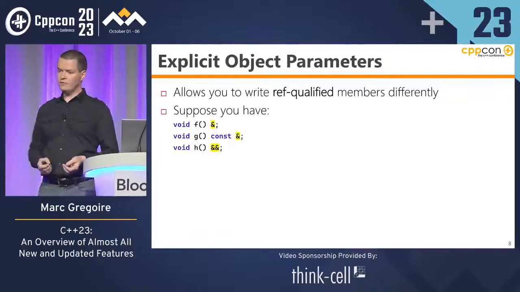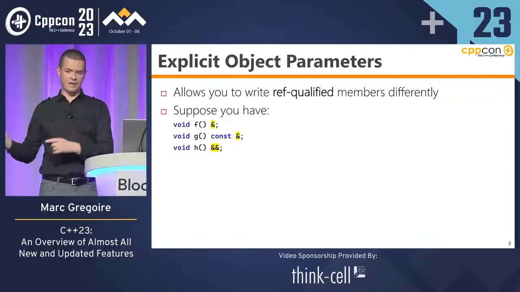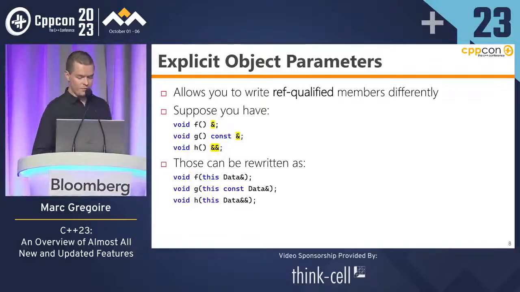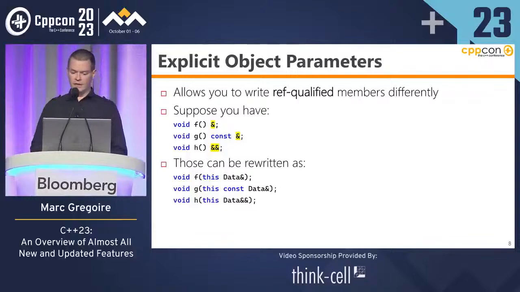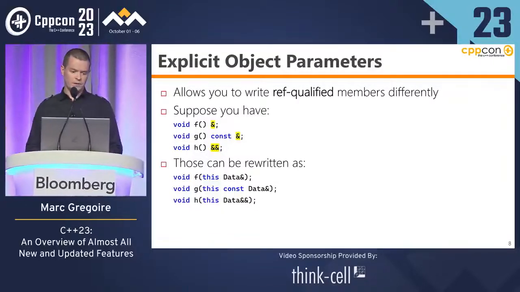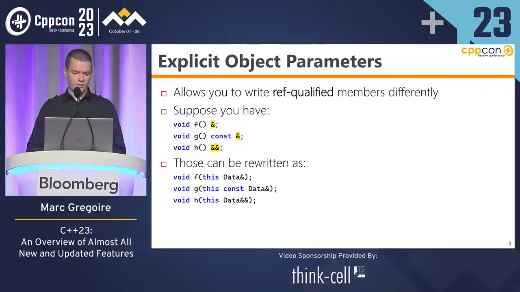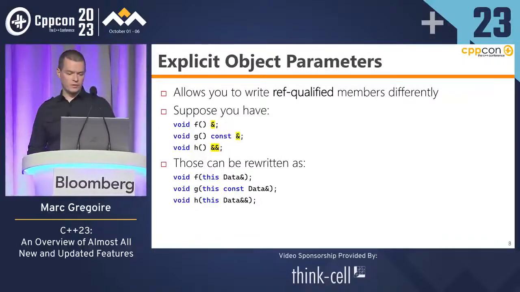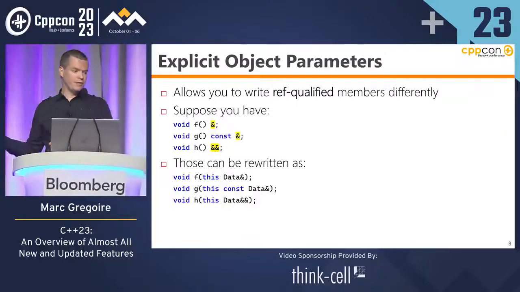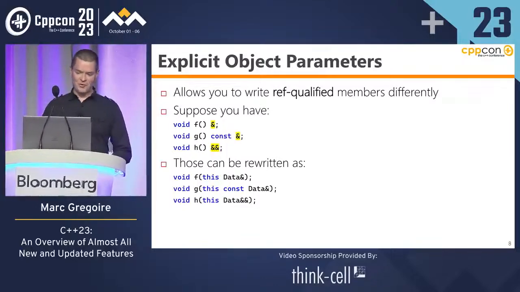So during a code review, for example, it might be easy to miss these ref qualifiers at the end of your signature. You can use explicit object parameters to write this differently, and this is the syntax for how you would do that. In this case, f can only be called on lvalues, g on const lvalues, and h on rvalues. If you see this in a code review, you can't miss it, because it's much more obvious.